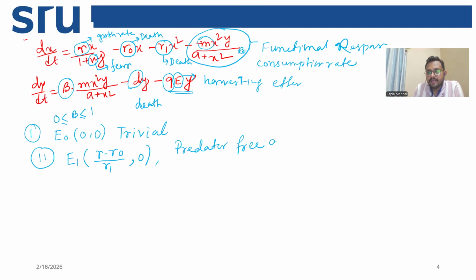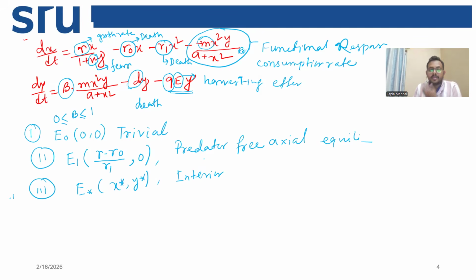And another is E star, which is the interior equilibrium. If we solve these two equations, dx/dt and dy/dt equal to 0, we have these three types of equilibrium. Because of the complexity of the model, we could not find the explicit value of x star, y star. So we assume this (x star, y star) is the solution of this system of equations.